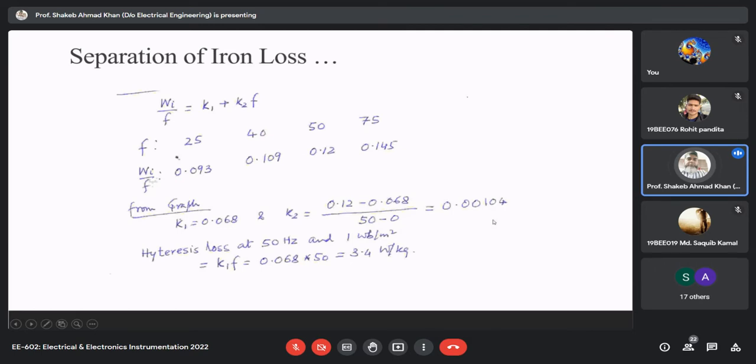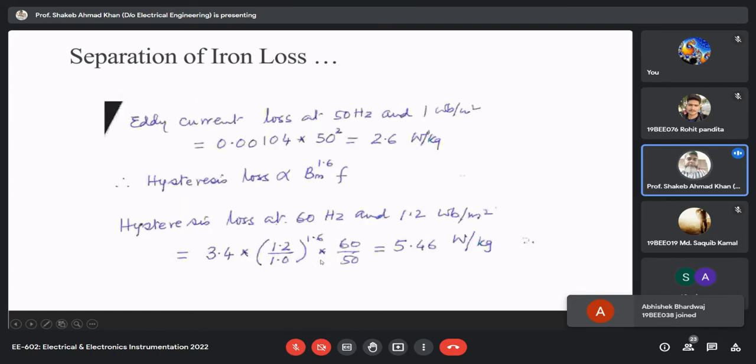So the slope is coming out to be, that is your K2 here, 0.00104. Now hysteresis loss at 50 hertz and 1 Weber per square meter: we just multiplied it by the 50 hertz and we got it. Similarly, eddy current loss at 50 hertz, by the square of the frequency.